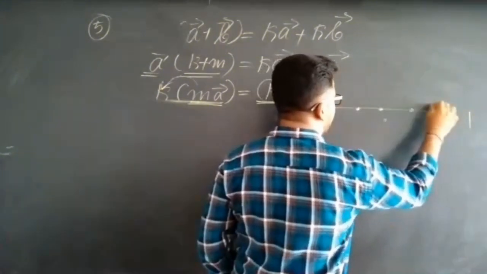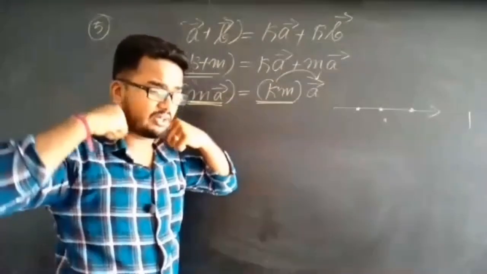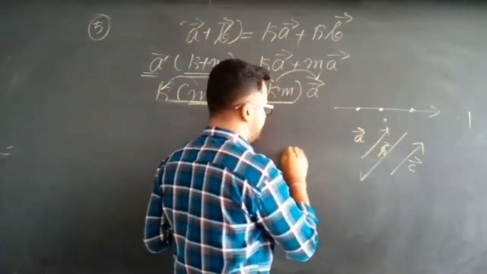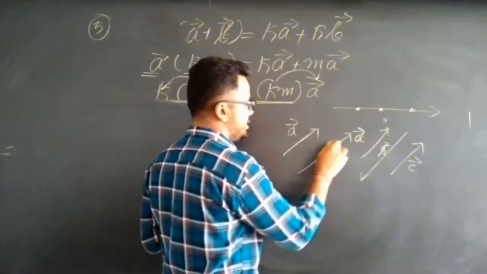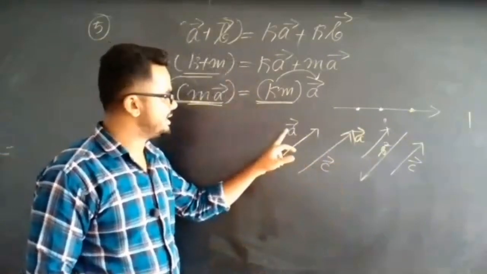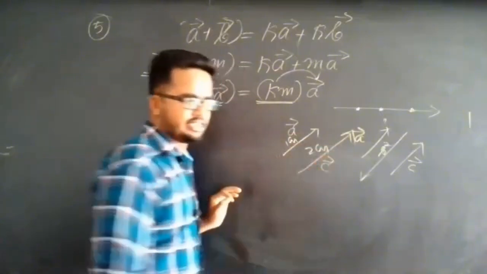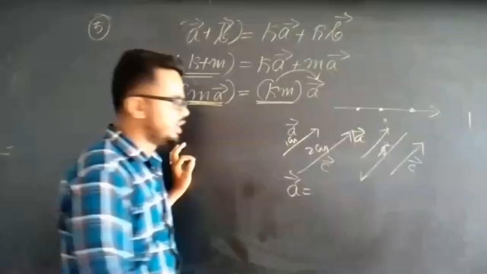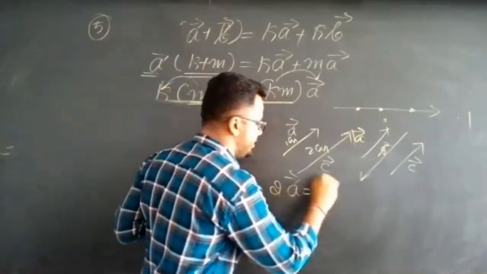Points which lie on the same line are called collinear, correct? But in this concept it is different. For example, consider vector A and vector C. Say vector A is 1 centimeter and this is 2 centimeter. I can say vector C is 2 times vector A. Will you agree?